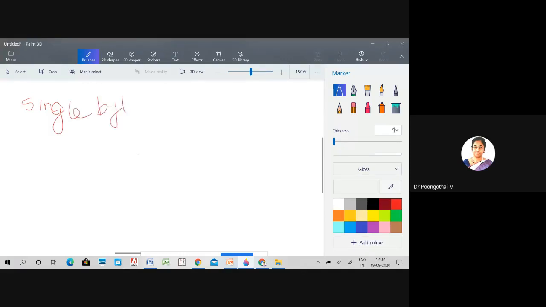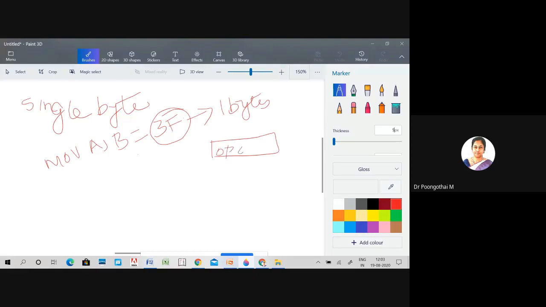Single byte instruction means, for example, move A comma B. So this instruction has only one opcode, for example, 3F. So it takes only one opcode, so it takes 1 byte. So single byte instruction means only opcode will be available. There is no 8-bit data, 16-bit data or 16-bit address. Okay. So those instructions are called single byte instructions.